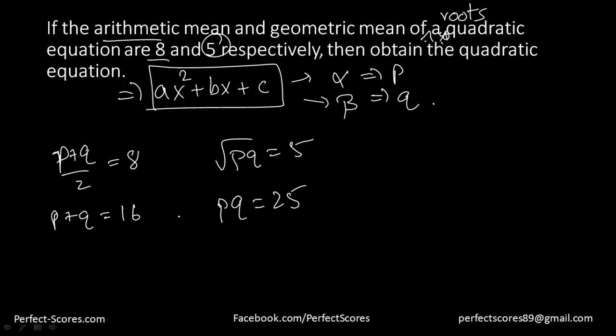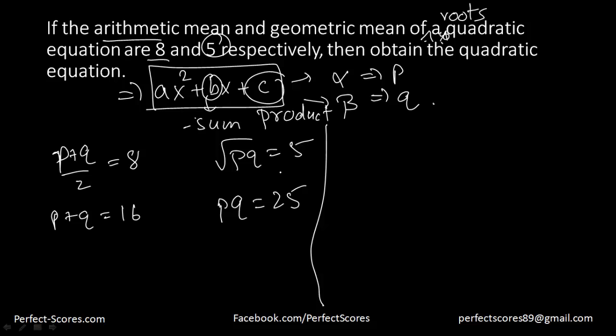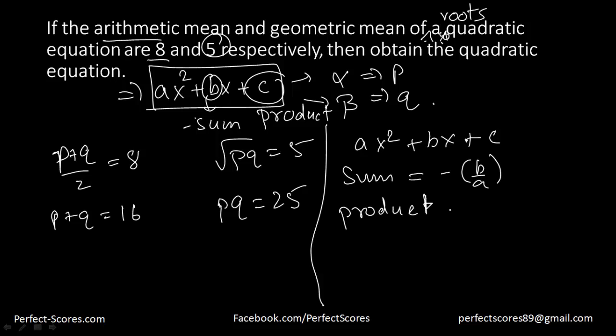If you've seen the video on quadratic equations, you would know that for ax square plus bx plus c, the sum of the roots is going to be negative b by a, and the product of the roots is going to be equal to c by a.